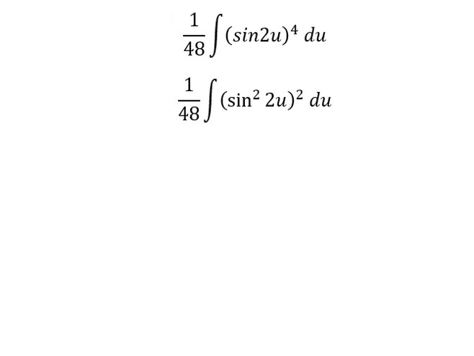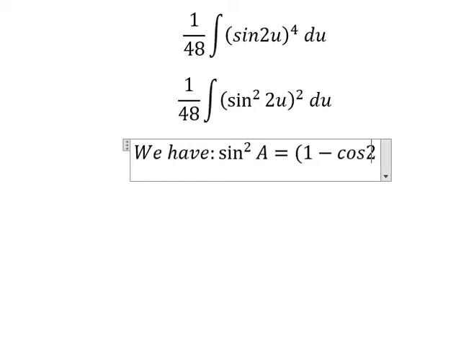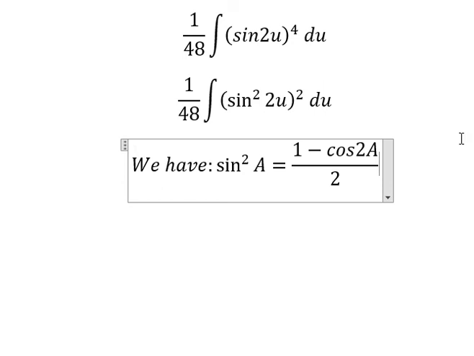So we have the formula in here: sine squared a equals 1 minus cosine 2a over 2.